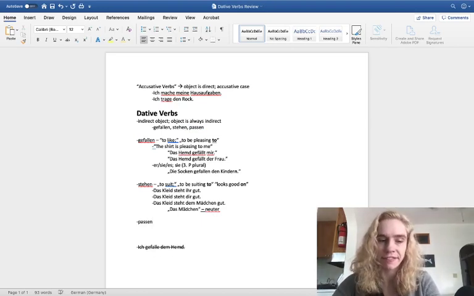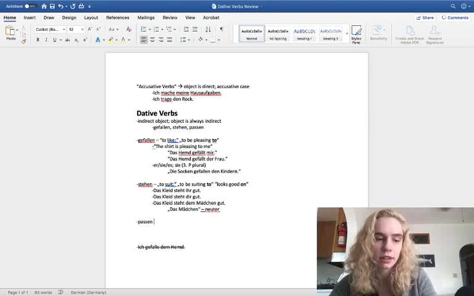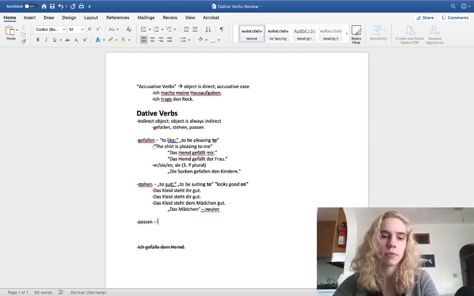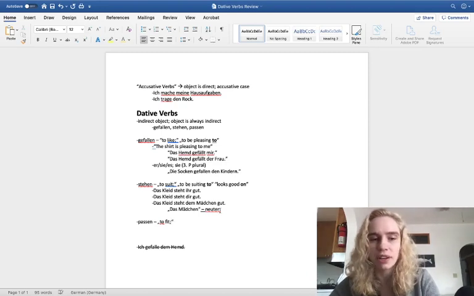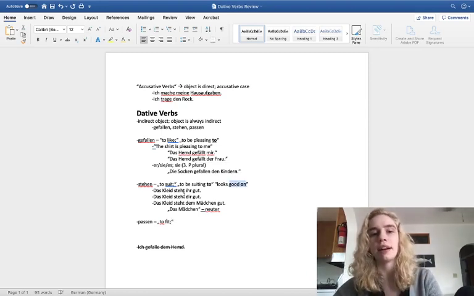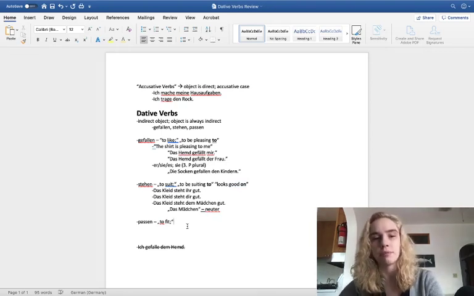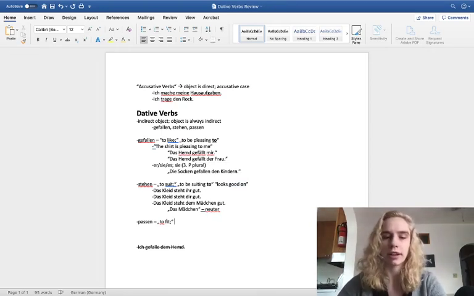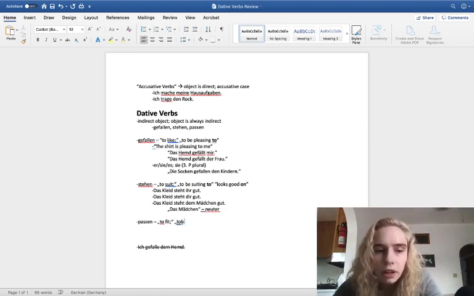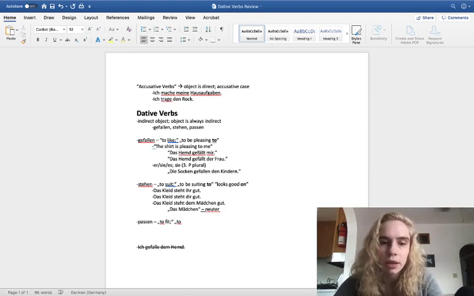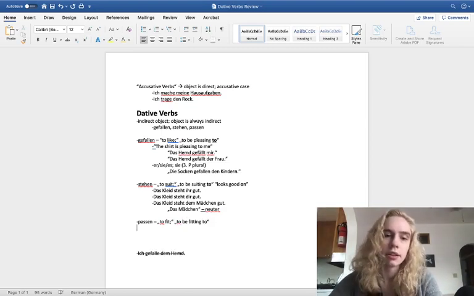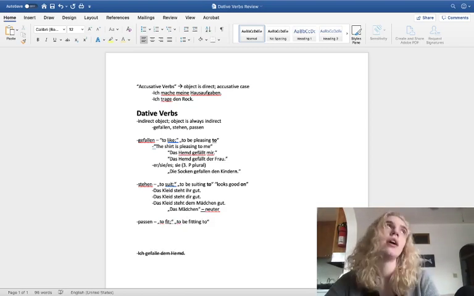So let's say to fit. Or in the fashion that I've been using with ending on prepositions to help us remember that this is an indirect object that we're going to add afterwards, to be fitting to. I don't know why it's auto-correcting into German. So to be fitting to.